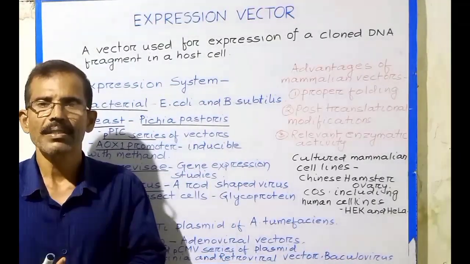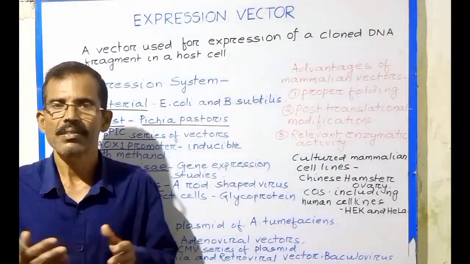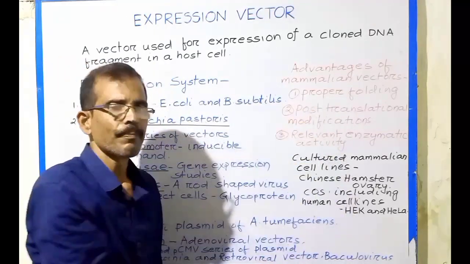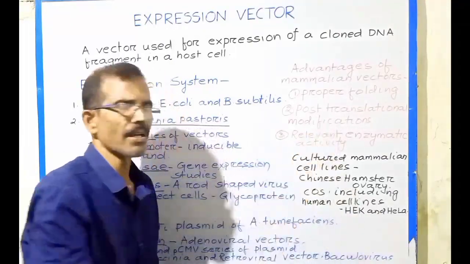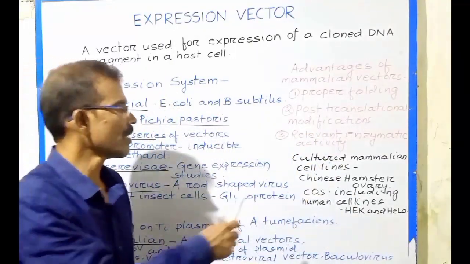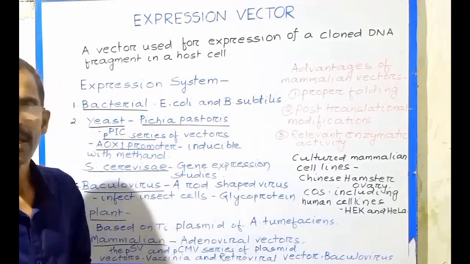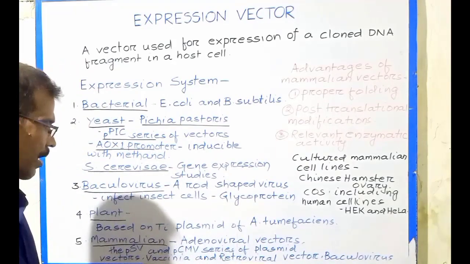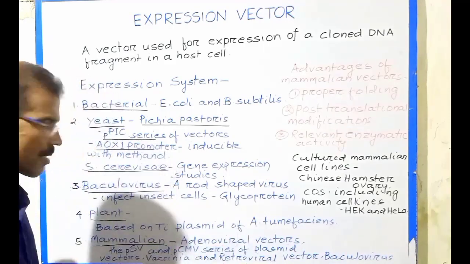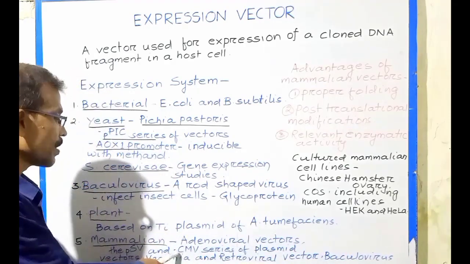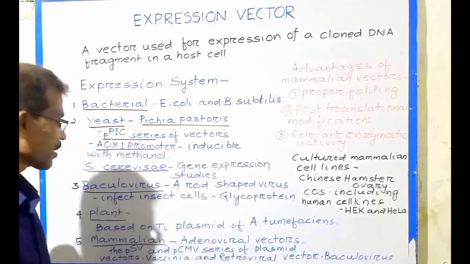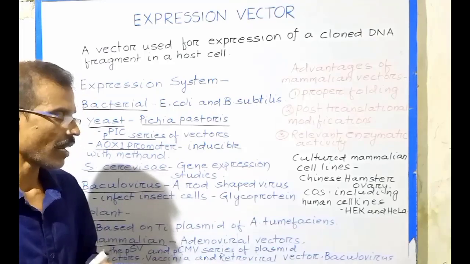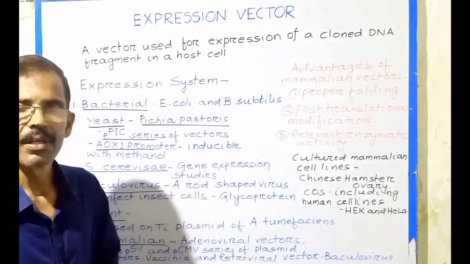Mammalian expression vectors offer considerable advantages such as proper folding, post-translational modifications, and relevant enzymatic activity. Examples of mammalian expression vectors are adenoviral vectors, the pSB and pCMV series of plasmid vectors, vaccinia and retroviral vectors, and baculovirus.